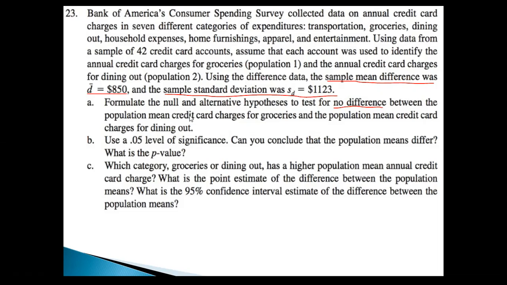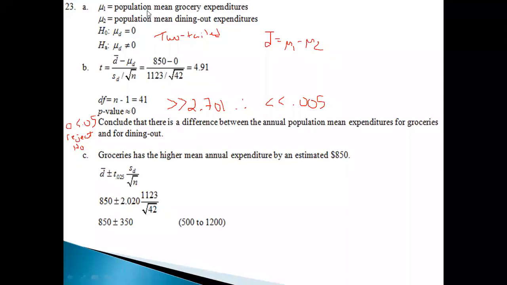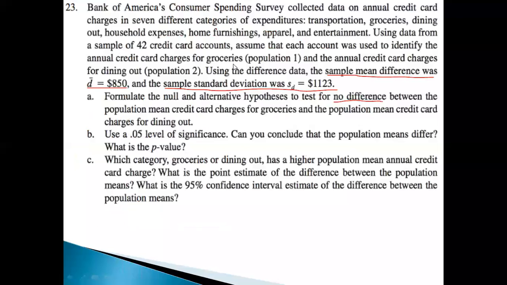All right, so let's go ahead and find our hypothesis test. Again, mu1 is going to be the population mean for the grocery expenditures. Mu2 is the population mean for dining out, and they gave us already that d bar is equal to 850.